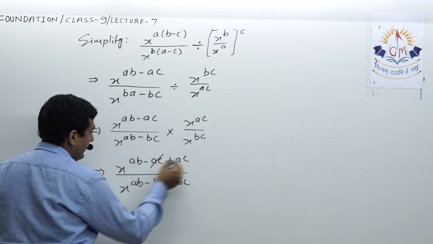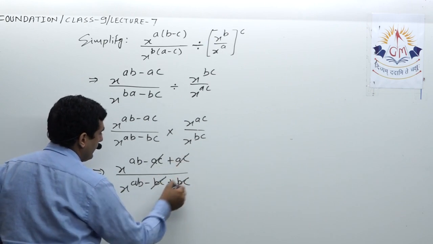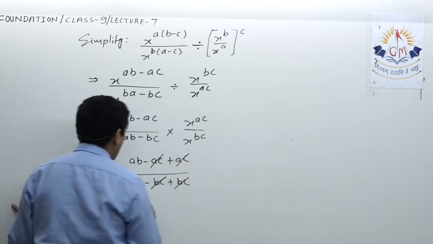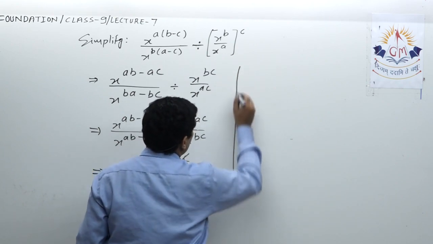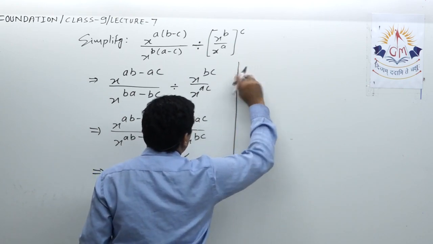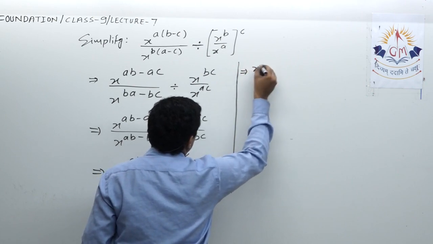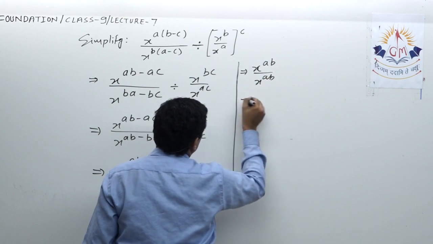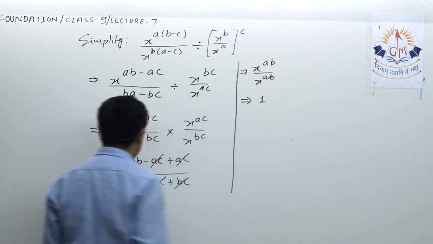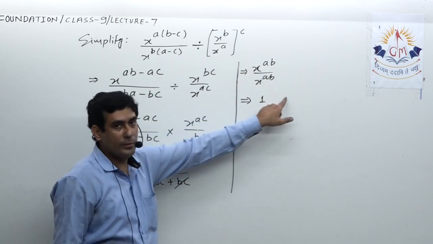Now you can say minus AC plus AC cancel, minus BC plus BC cancel. So what I am left with is x raised to AB upon x raised to AB, but obviously this is equal to 1. Okay, same quantity upon same quantity.